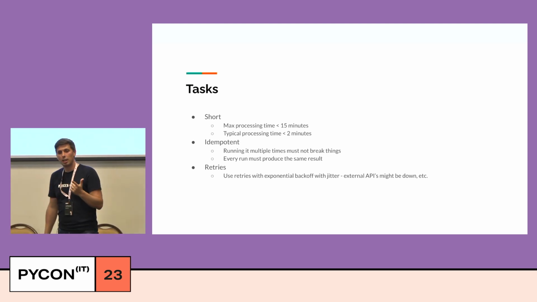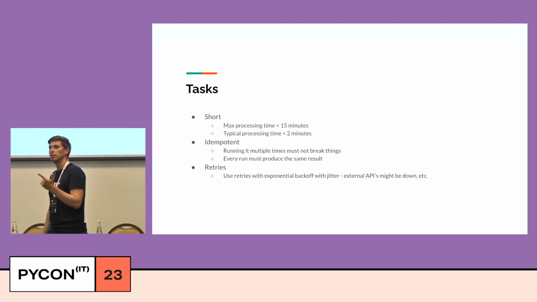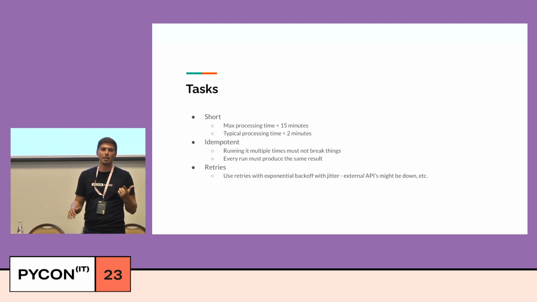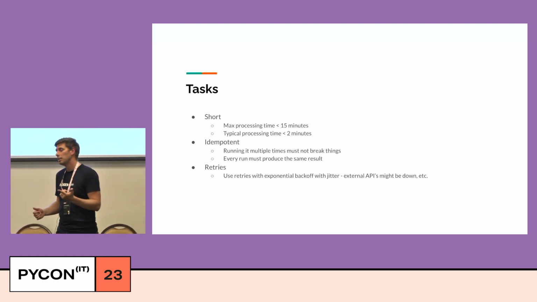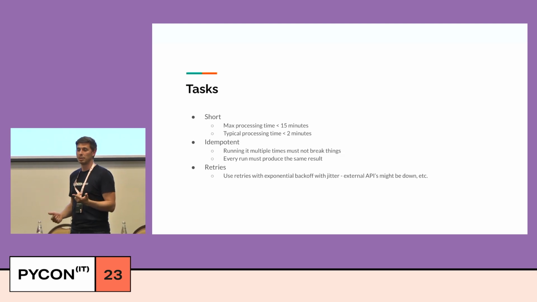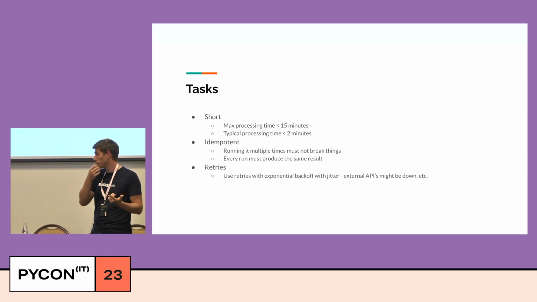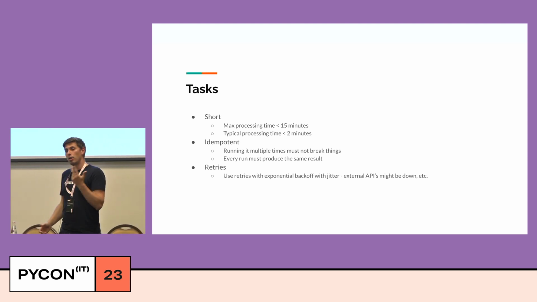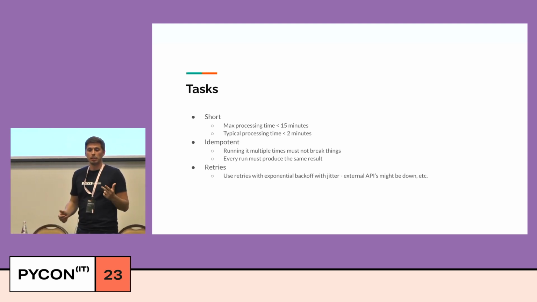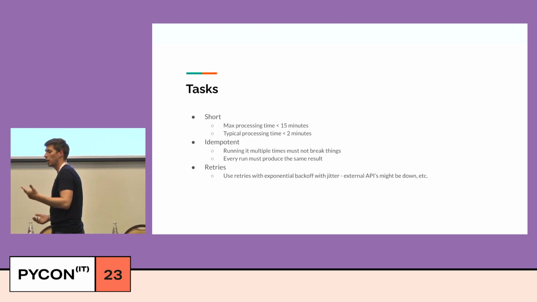We need to make sure that our tasks are idempotent. So this means that every time we run them, they need to produce the same result. And if we run them multiple times, things must still work. Nothing must explode. And also, we must be able to have retries one way or the other.